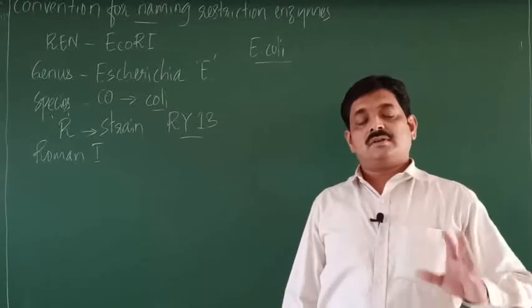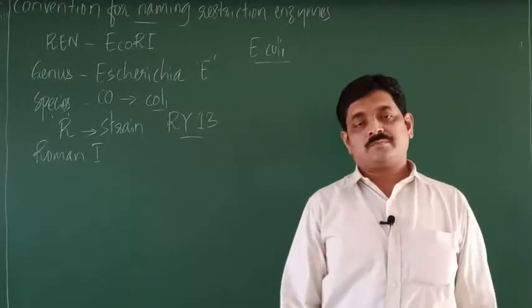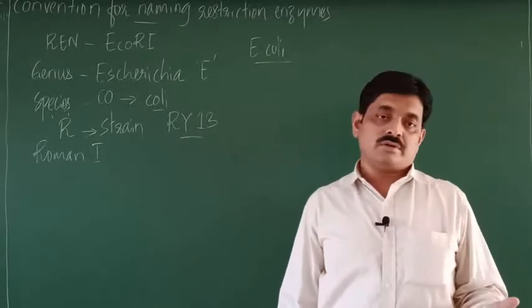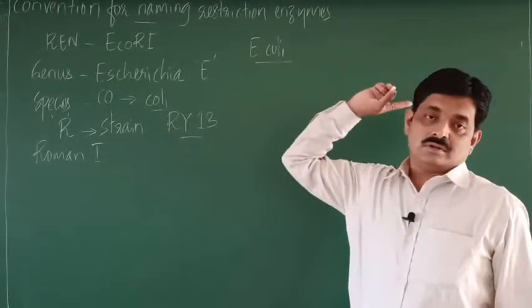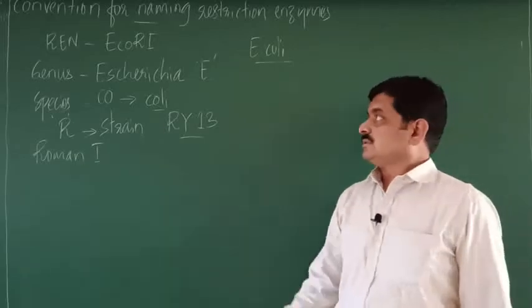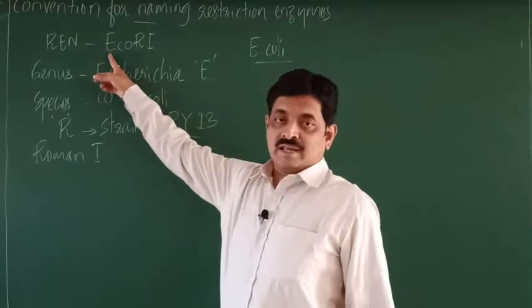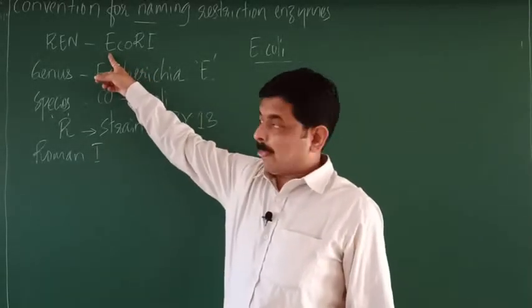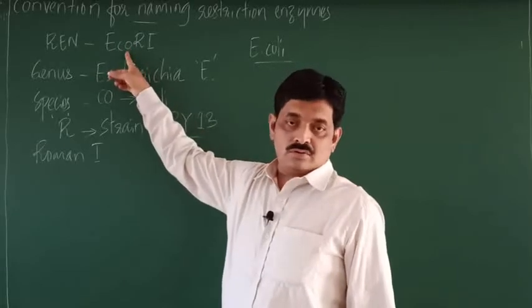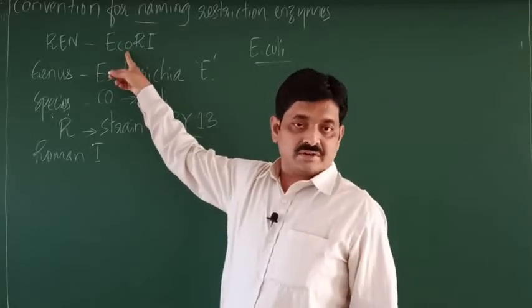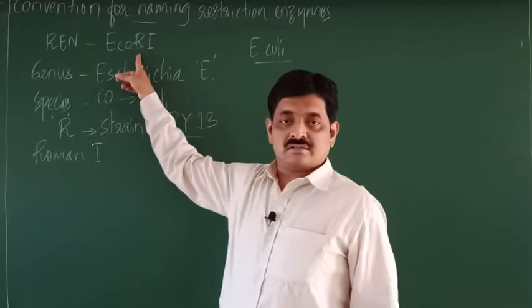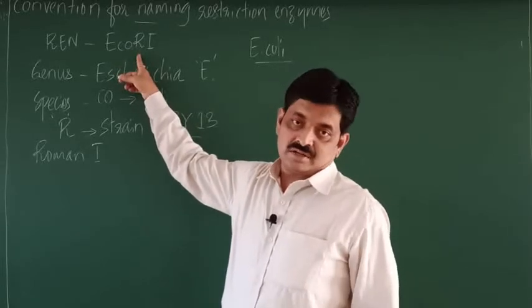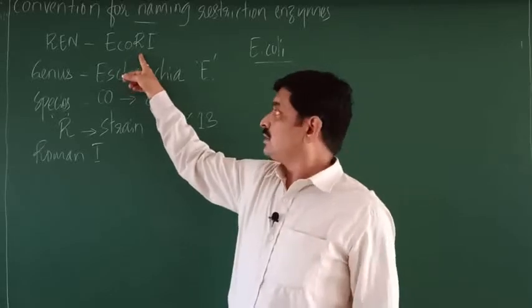So understood this? This is the convention that is followed while naming restriction enzymes. E is the generic name, that is Escherichia. CO is the specific name or species, which is coli. R is the strain of this bacterium, that is RY13.